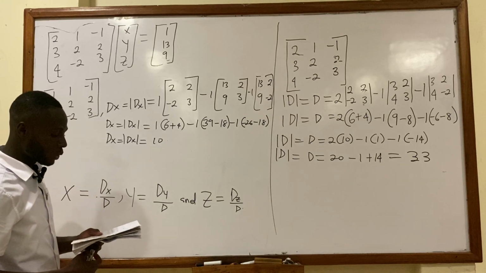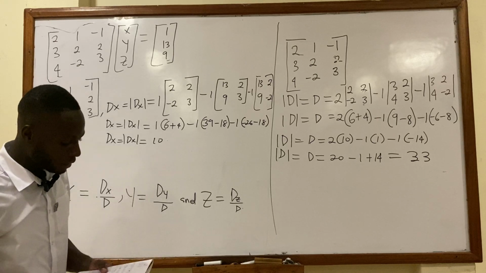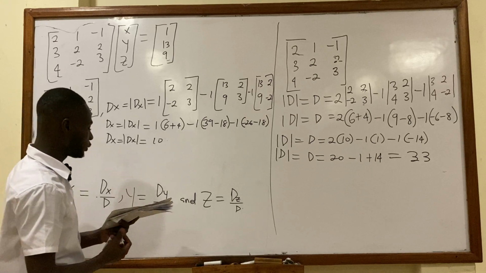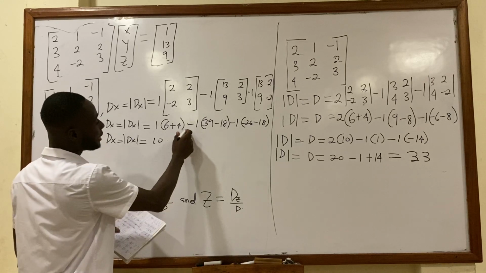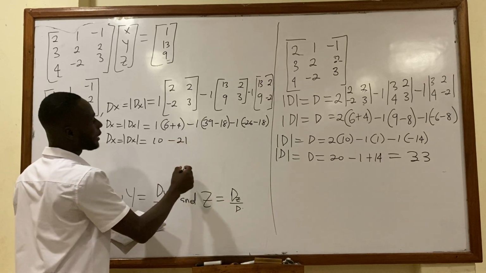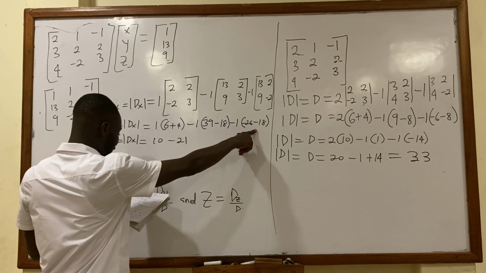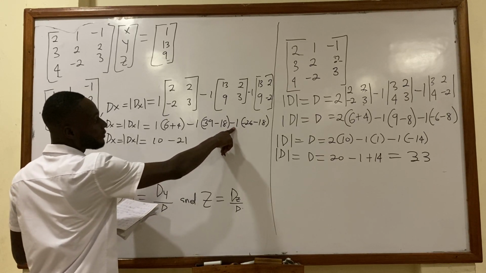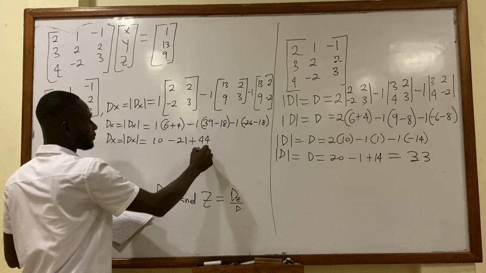And that will also be 21. So 21 we have negative in front of it, so it's going to be minus 21. Then this also will be minus 44, but then we have minus in front of it, so we have plus 44.